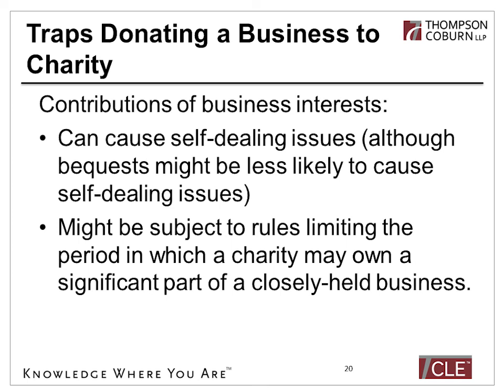And if you have a contribution to a charity, there may also be a limited period under which the charity can own a significant part of the closely held business. So beware, if you're doing a donation of a business interest to a charity, there's a good chance the charity will need to get rid of that.